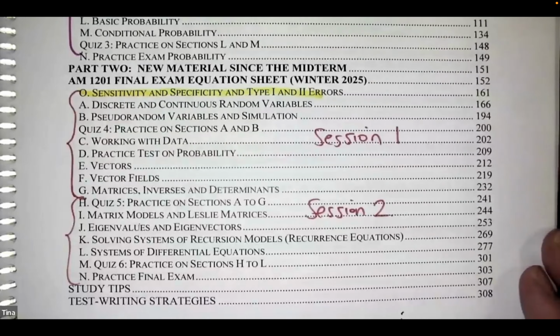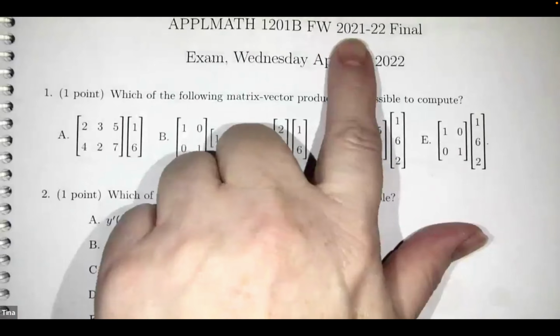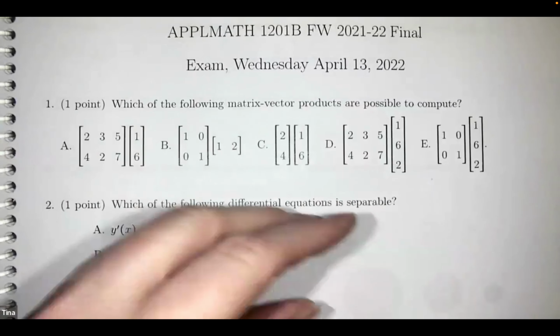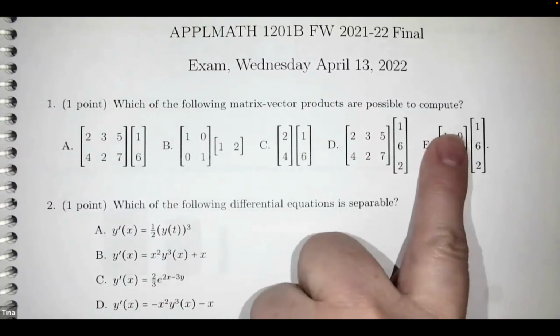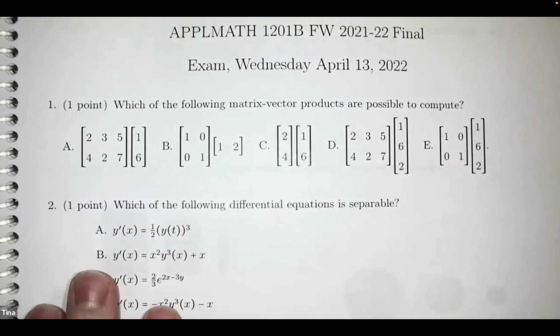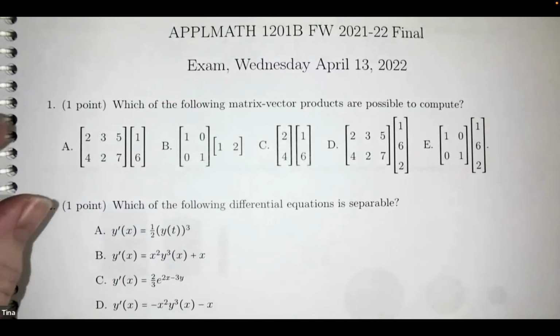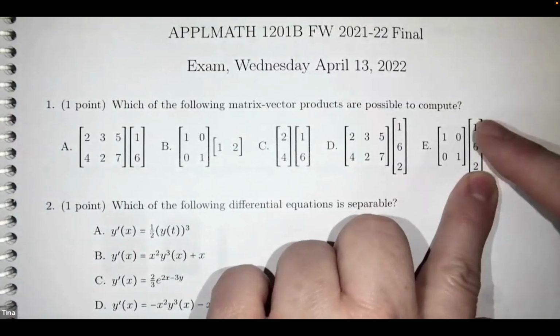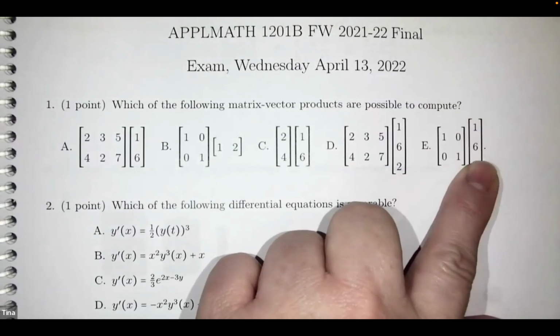So for instance, if I show you what they mean by that, if you have your supplement, the 2021-2022 final, the very first question says, which of the following vector matrix products are possible to compute? So they would be just looking at, you might have to do, let's say, a 2x2 with that vector, right? So that kind of thing, you would have to know how to do.